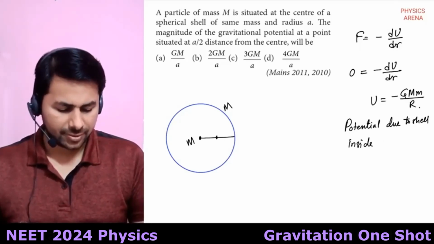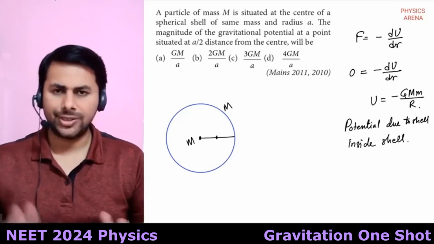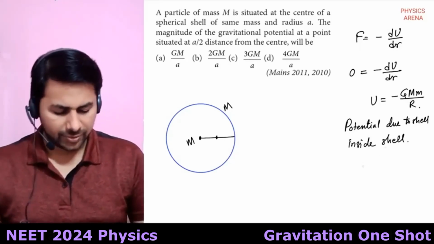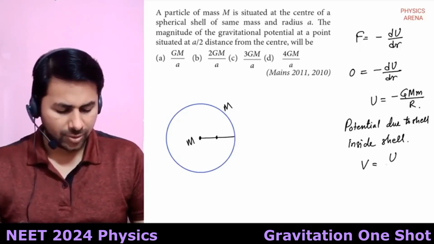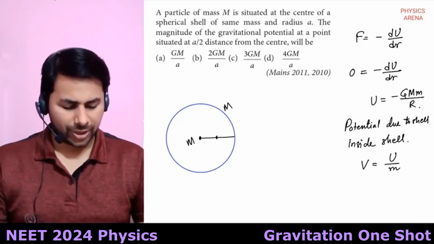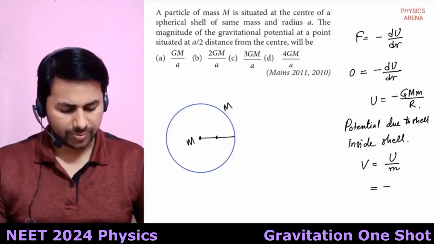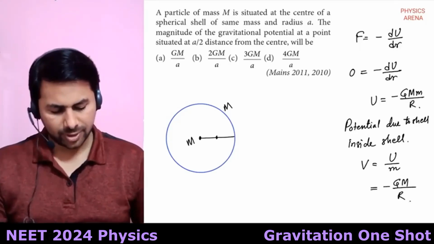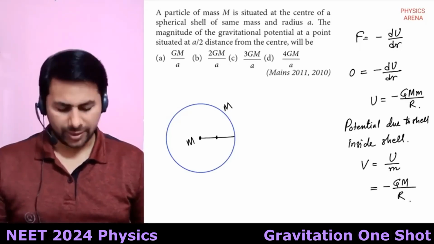It is not changing, it's constant, but how much is it? We know that it is equal to U upon m, potential energy divided by m. So it is minus of GM upon r. But here r is equal to a.